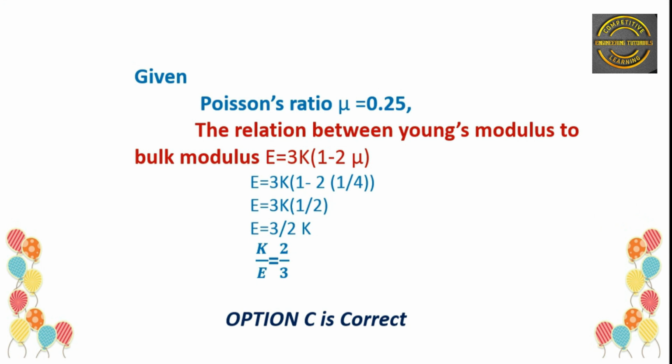So E equal to 3k into 1 minus 2 into 1 by 4. So I am writing 0.25 is 1 by 4. So E equal to 3k into 1 by 2. So finally E equal to 3 by 2 into k. So k by E equal to 2 by 3. Option C is correct.